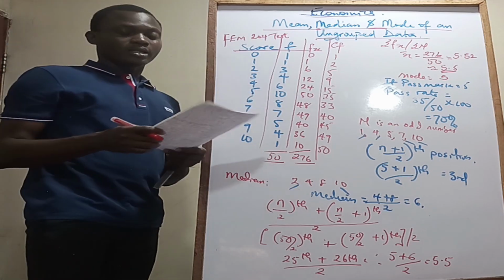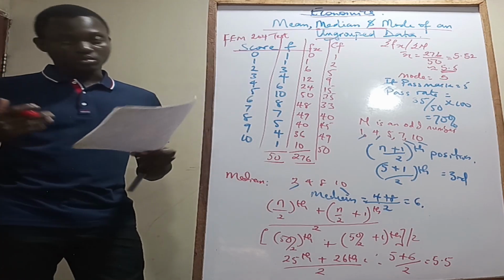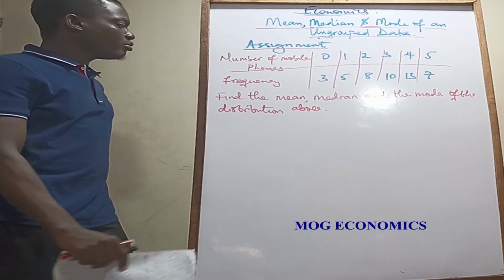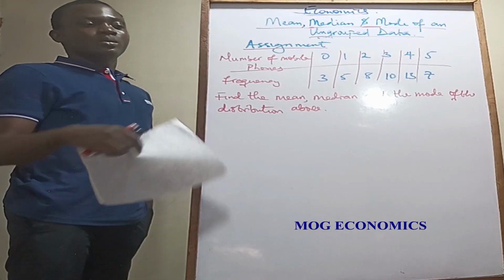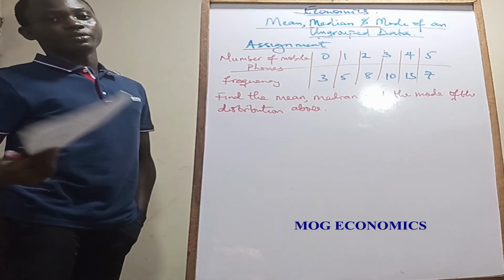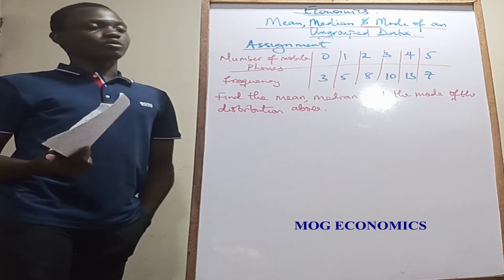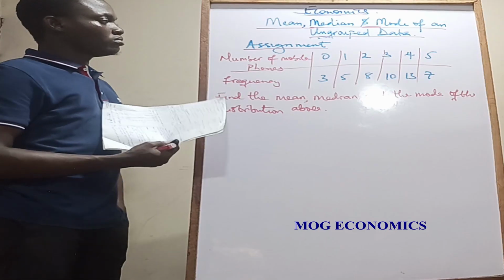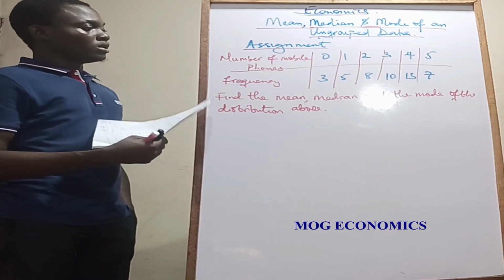Next is an assignment for us to practice with. So it's a pretty simple assignment. Number of mobile phones. So mobile phone 0, perhaps the phones were labeled 0, labeled 1, labeled 2, labeled 3, labeled 4, and 5. And their respective frequencies were 3, 5, 8, 10, 13, 7. So mobile phone 0, you have 3 of it.